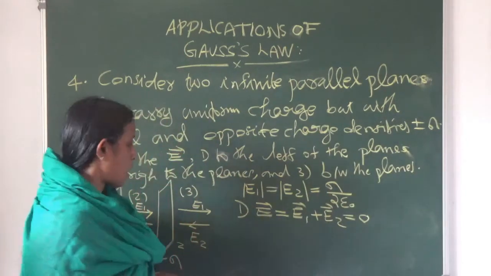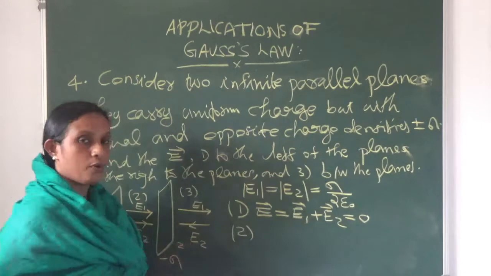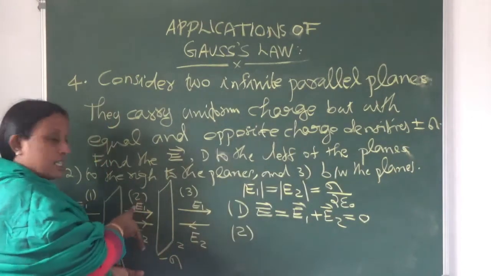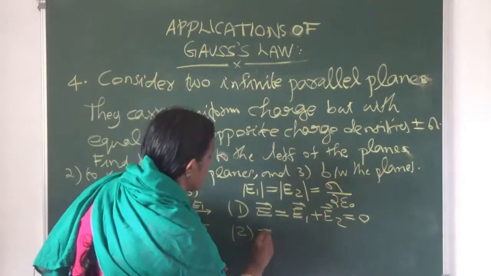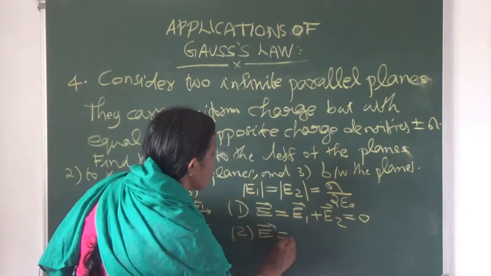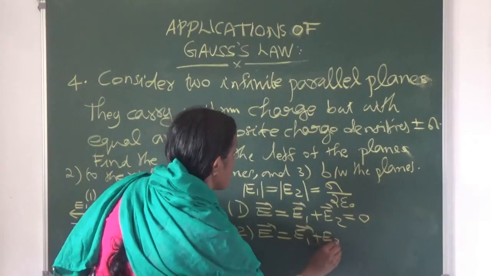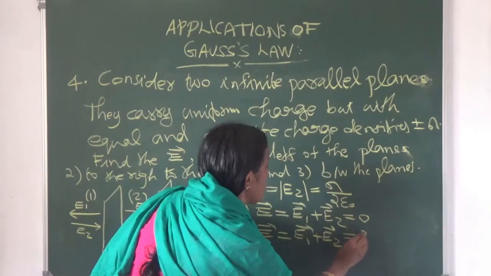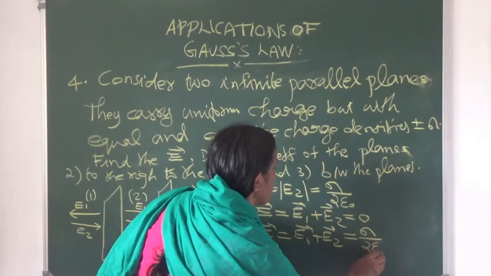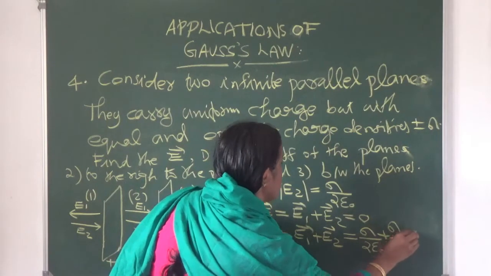Okay. Now for region 2, both the electric fields point in the same direction. So you have E equal to E1 plus E2. This is equal to sigma by 2 epsilon 0 plus sigma by 2 epsilon 0.